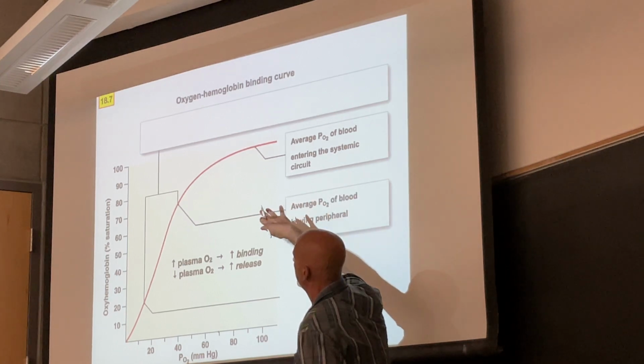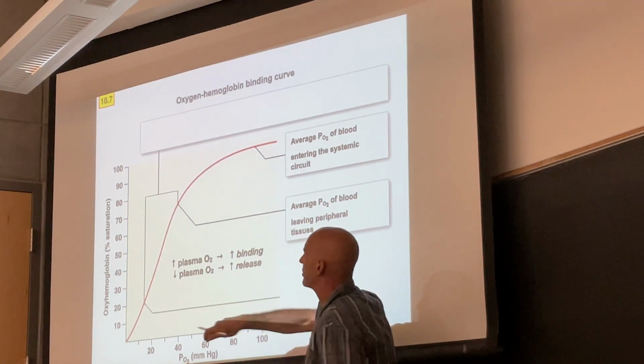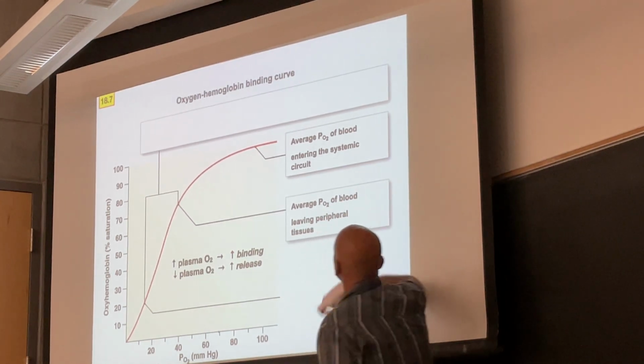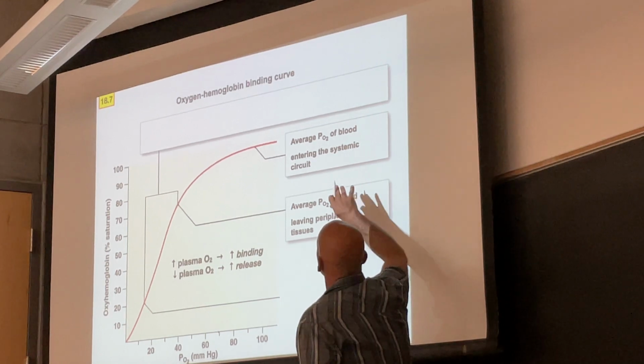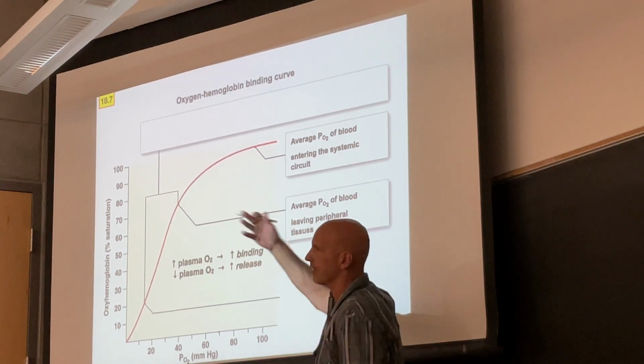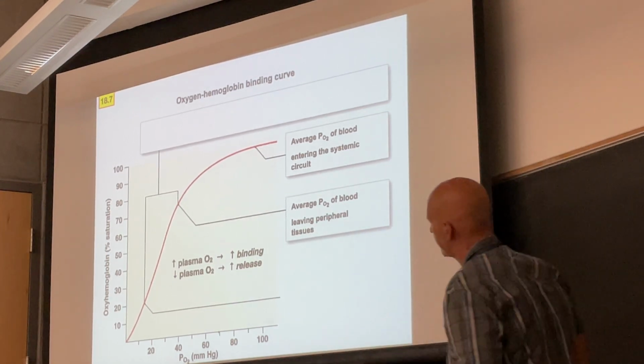Your pressure is very high, the saturation is very high. It's going to travel to oxygen-starved tissue, and it's going to deliver that oxygen, so the oxygen saturation level is going to decrease.